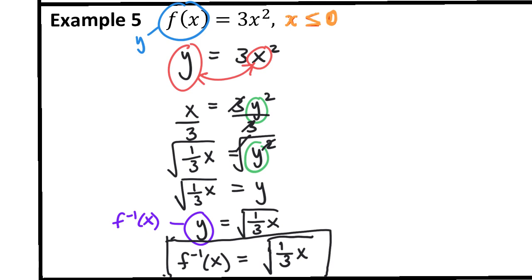So when it says here that x has to be less than or equal to 0, then what types of numbers are less than 0? Those are negative numbers.